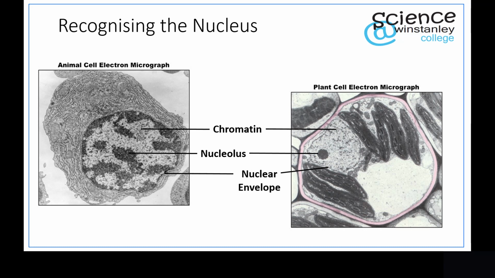So can you see throughout this whole presentation, all of the labels that I've used have label lines that touch the feature that they're labeling. And that's really important that you use lines and not arrows in biology, because an arrow represents direction. And we're not showing the direction of something moving here, we're just labeling a feature. So it's really important that you use a ruler, that you use straight lines, and that you use lines and not arrows.